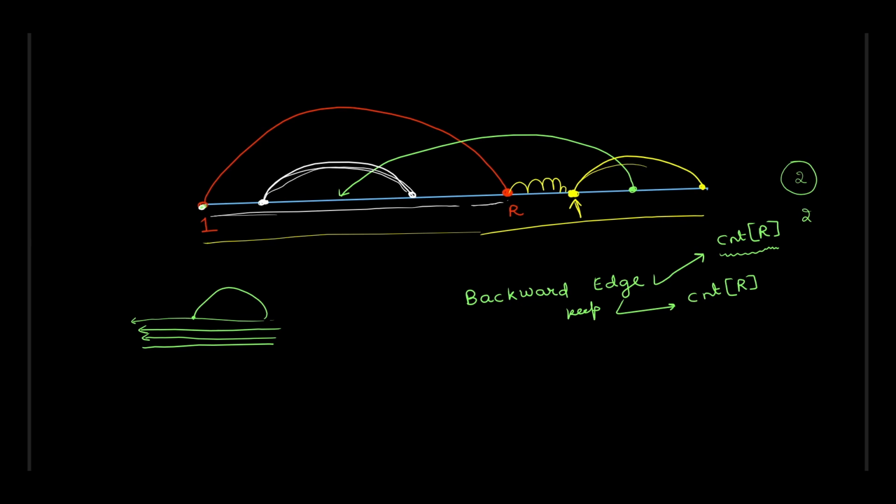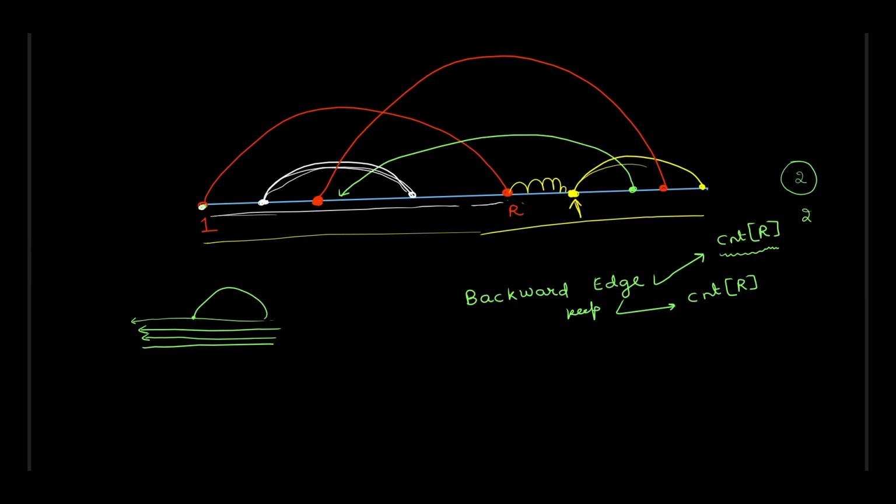So then you can conclude that the only edge that will be useful is the one that starts on the left hand side and ends on the right hand side. This is the edge that is increasing the reach.